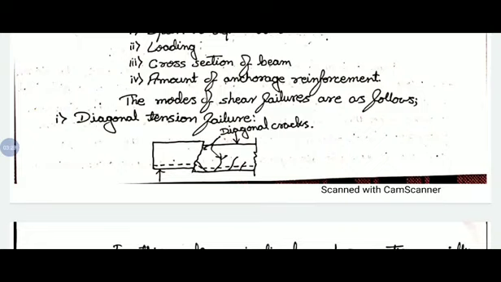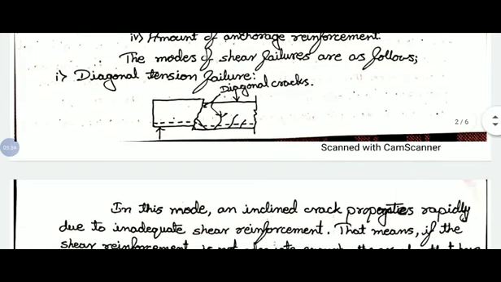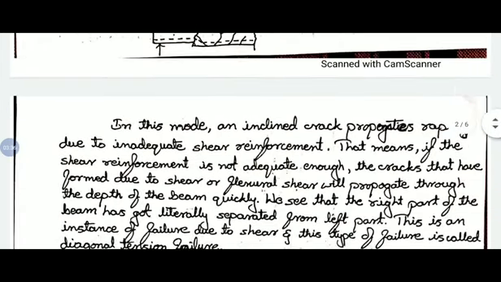occurs. The cracks formed in shear will penetrate through the depth of the beam quickly. So the warning will not be given with sufficient time. It will rapidly penetrate into the section of the beam along the depth of the beam.